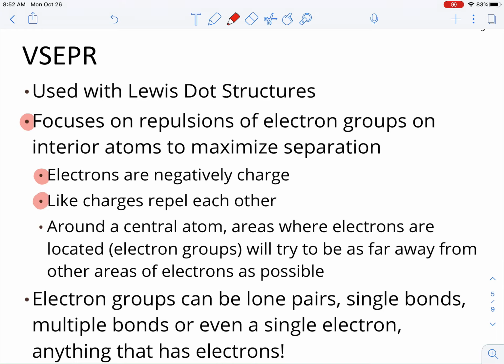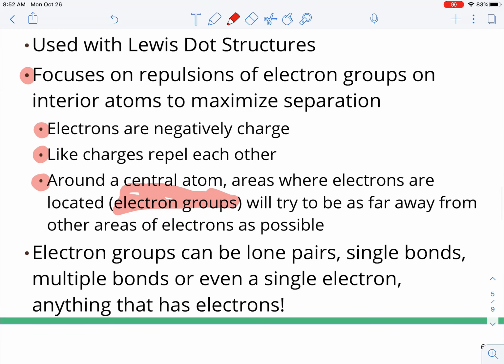Electrons are negatively charged, and like charges repel each other. So around the central atom, areas where electrons are located, we're going to call those electron groups, and they are going to try to be as far as possible from other electron groups. So electron groups can be lone pairs.